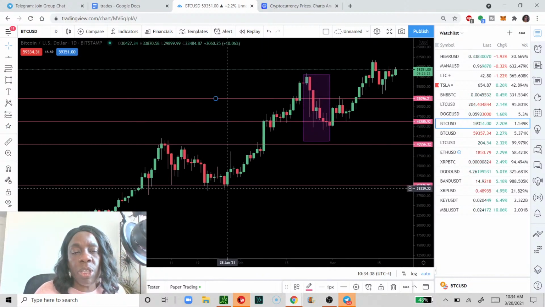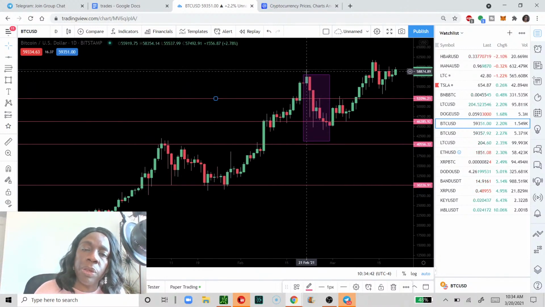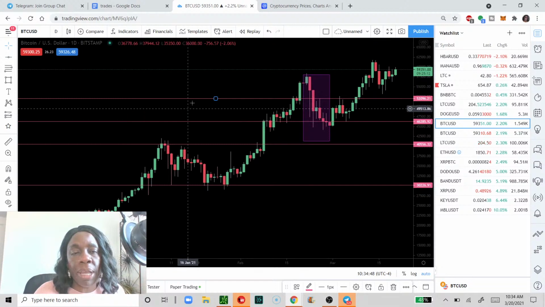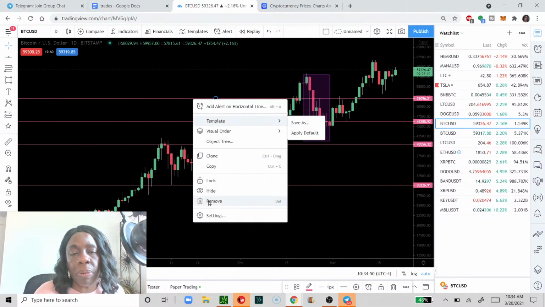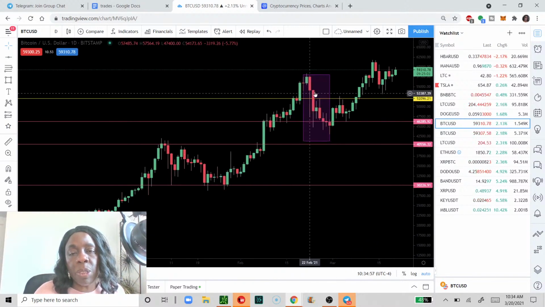And so assuming you've ridden the move over, I don't know, 3 weeks, and you've made this nice sum of money, and then you see that price action drops below the yellow line.